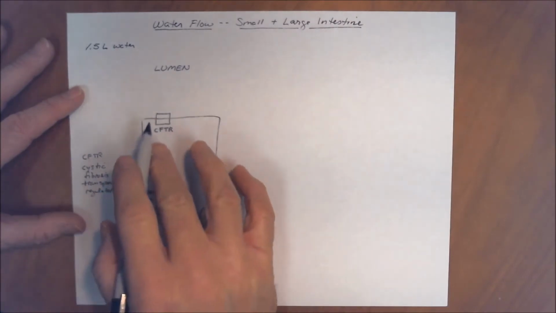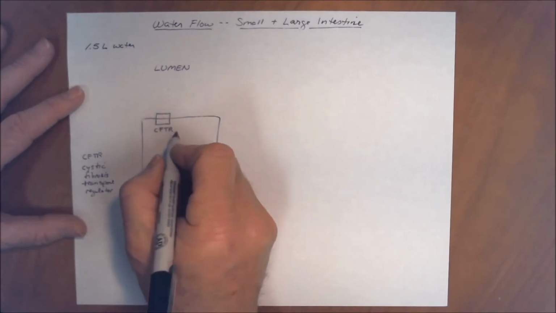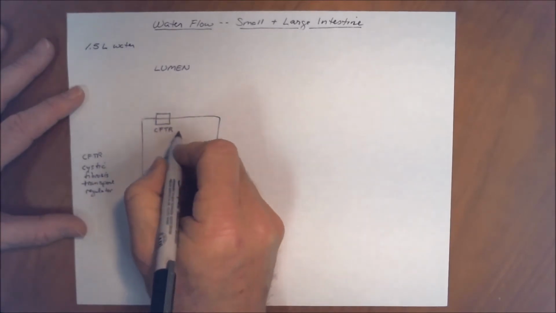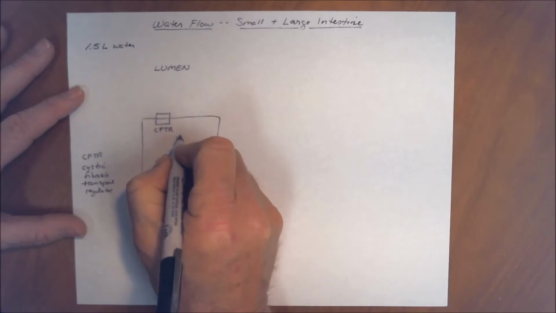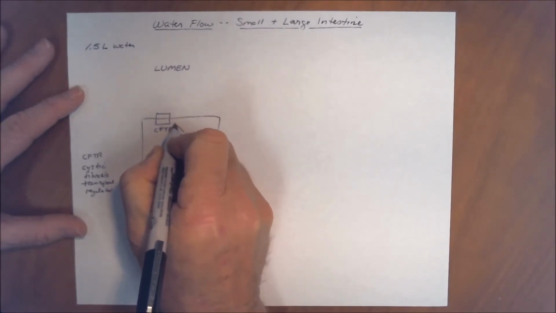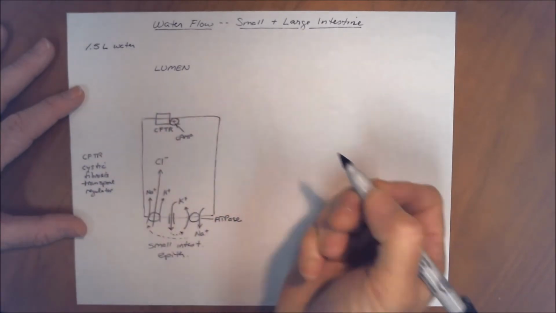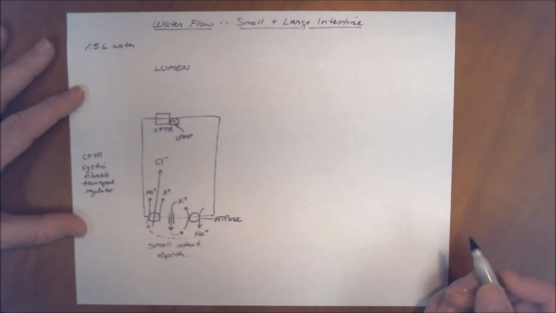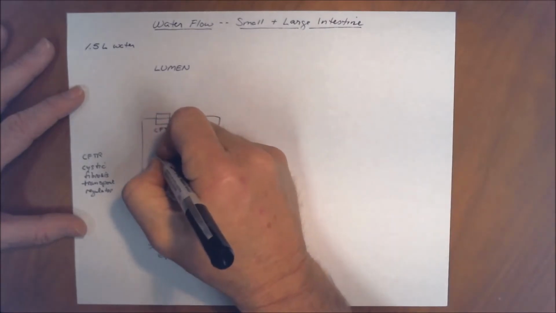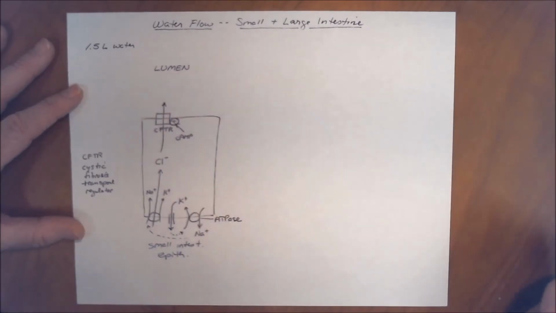The importance of this chloride channel is it is a regulated chloride channel. So what is going to control this process is a second messenger, cyclic AMP, which is going to activate the CFTR, which means open the channel to allow chloride to flow through the chloride channel into the lumen.